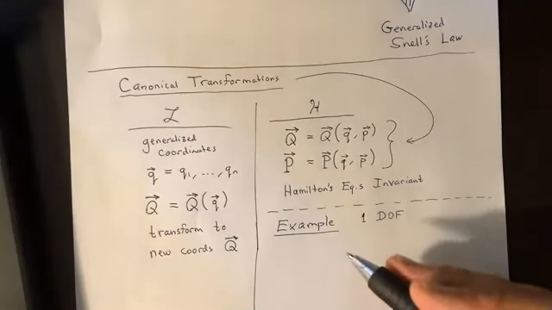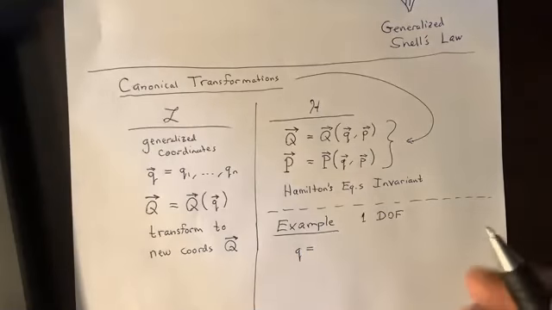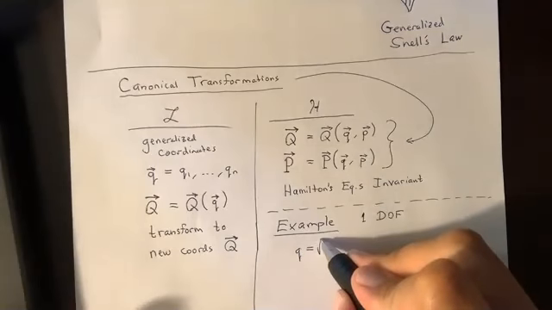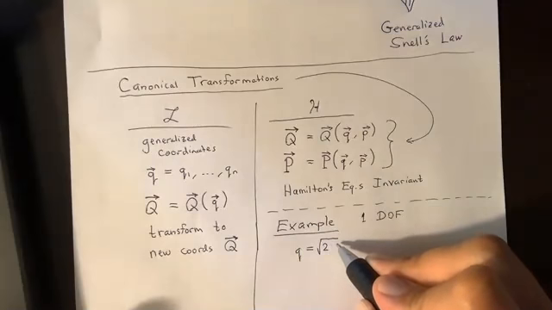Okay, so here's how we'll define this transformation. The lowercase q's are related to these capital ones. And remarkably, you're going to need this factor of 2. It's actually the square root of 2.